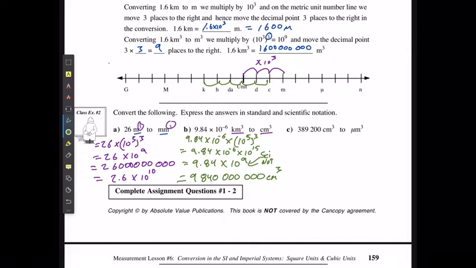If I'm going from centimeters cubed to micrometers cubed, I'm going to go 1, 2, 3, 4 units to the right, which means that this is going to be 389,200 times 10 to the negative 4, because I'm going to the right, to the power of 3, or 389,200 times 10 to the power of negative 12.